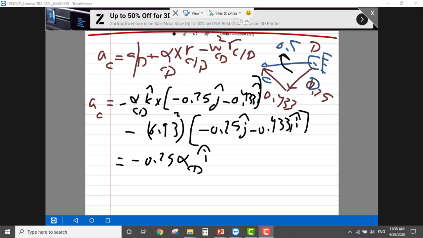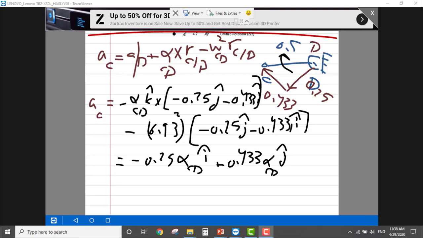For the other term, K cross product I is positive, and we have two negatives, so it is positive 0.433 alpha CD in the J direction.